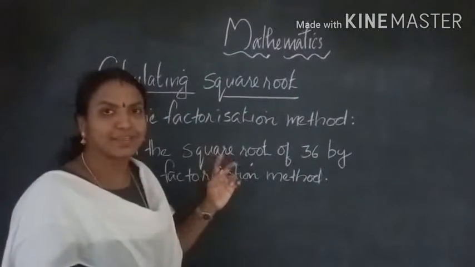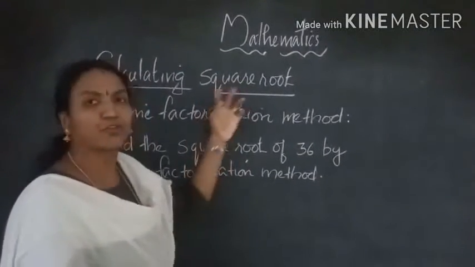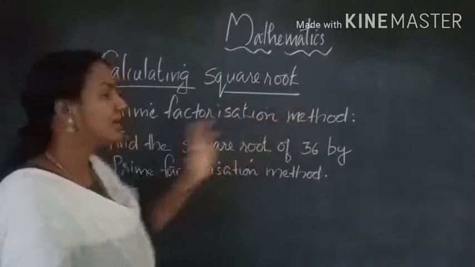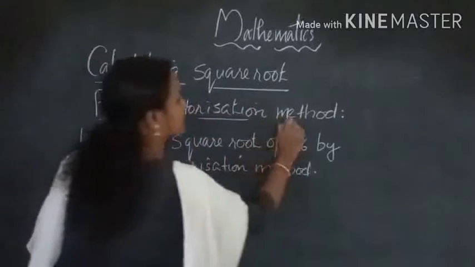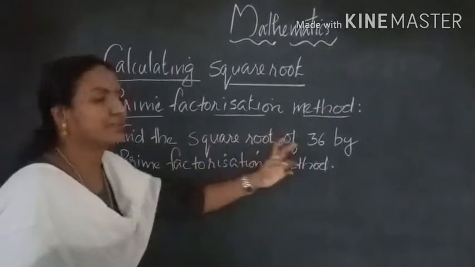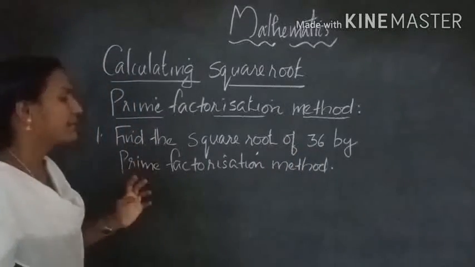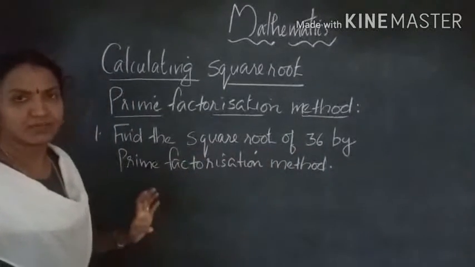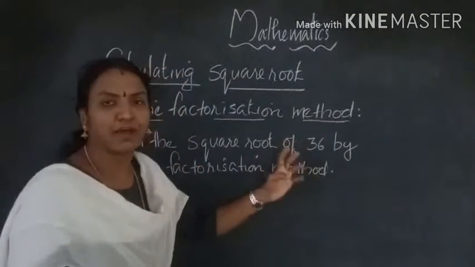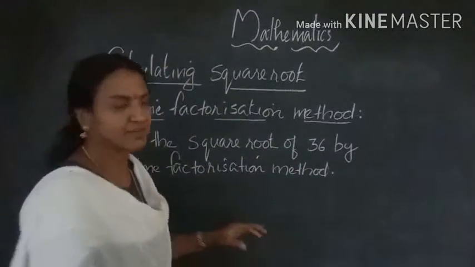Next, we shall discuss how to find the square root of a number using the prime factorization method. First question: find the square root of 36 by prime factorization method. Prime factorization method means you have to find the prime factors.